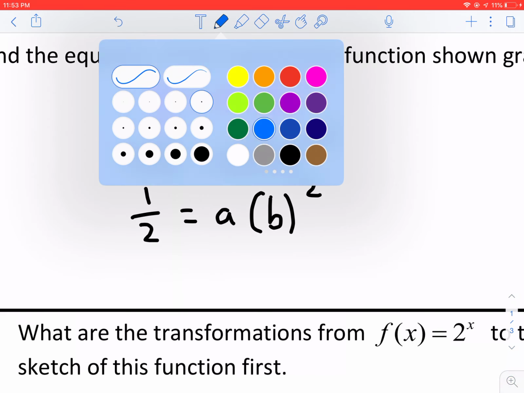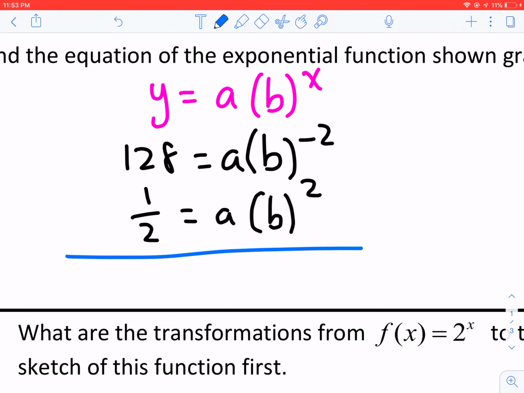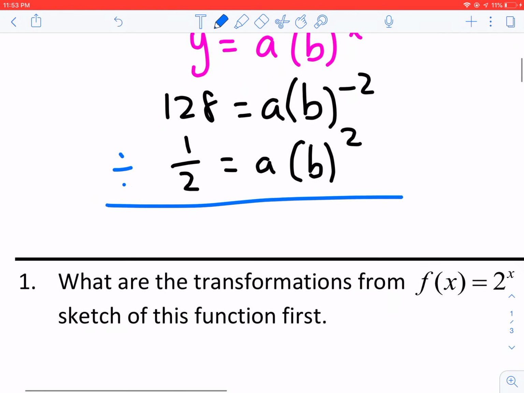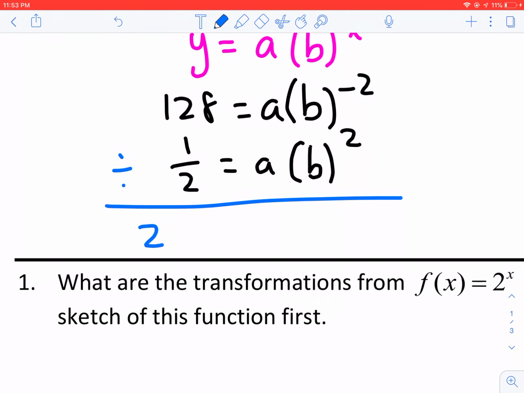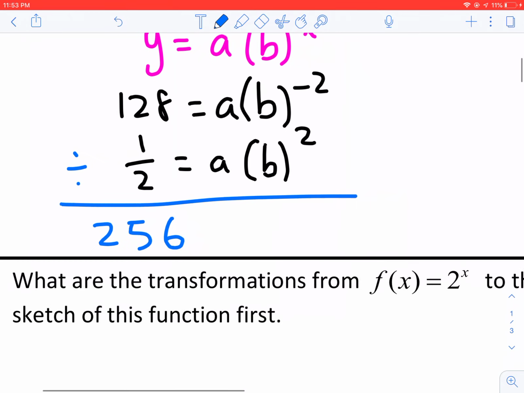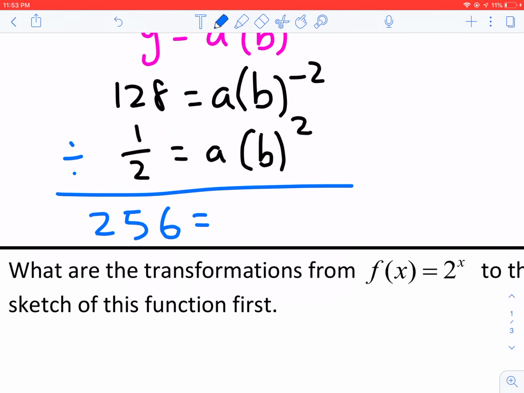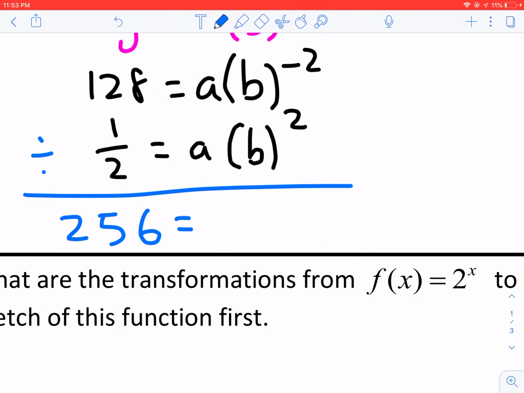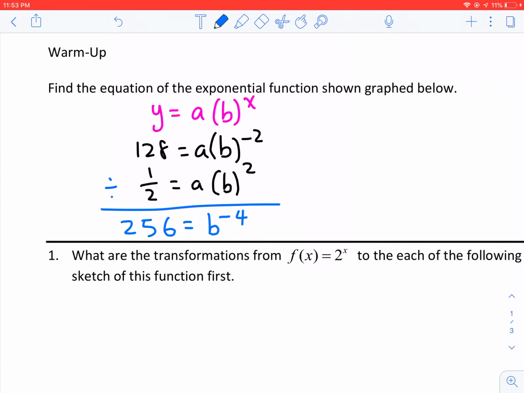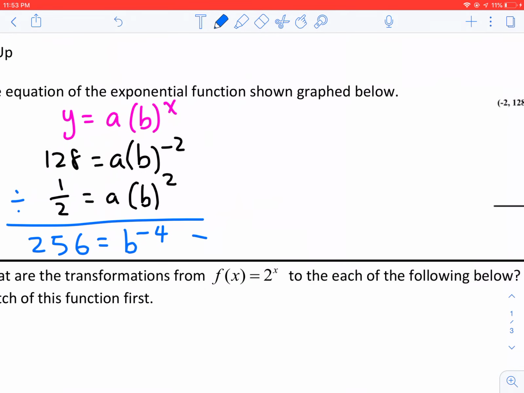So solving this as a system, we're actually going to divide the two equations. 128 divided by a half is 256. a divided by a is 1. And b to the negative second divided by b squared. Remember to subtract exponents, that is b to the negative fourth. Yeah, that looks good.